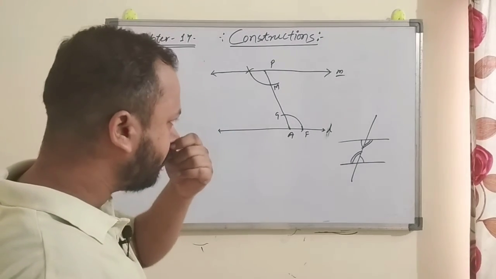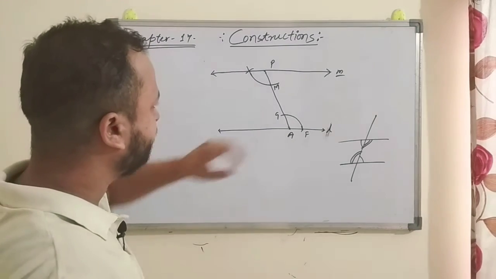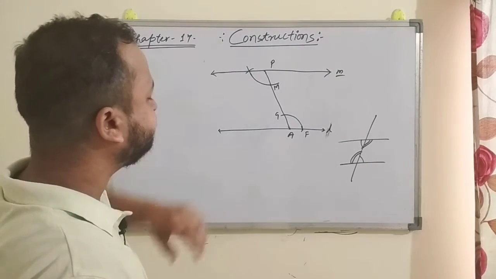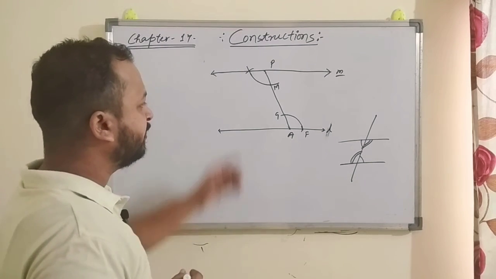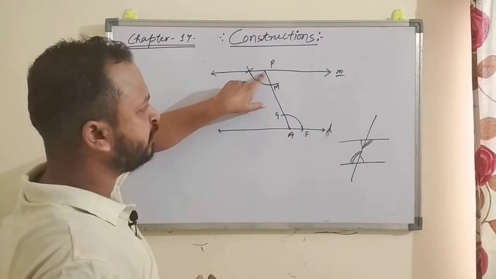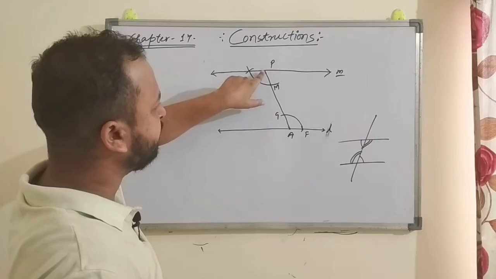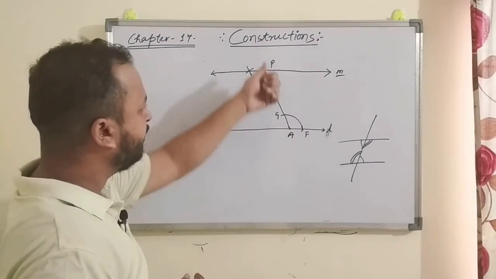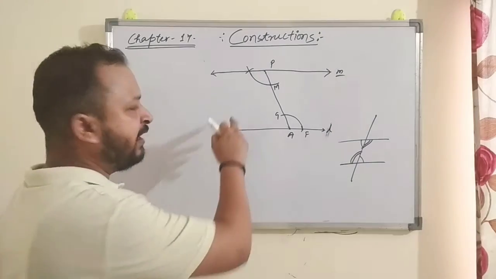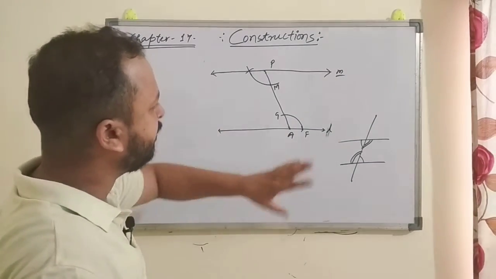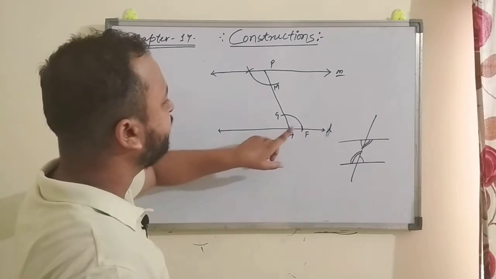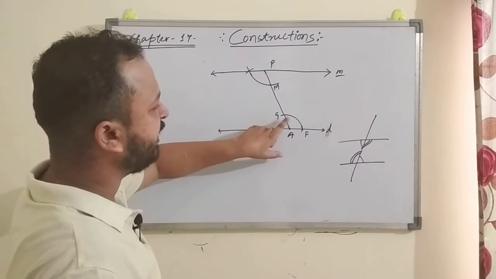So what you have to do to construct this type of parallel line, right? If an outside point is given, just join this outside point to anywhere on the line. Anywhere, take a point, just join them, right? Now we have to follow the concept of alternate interior angles, right? So make an alternate interior angle.